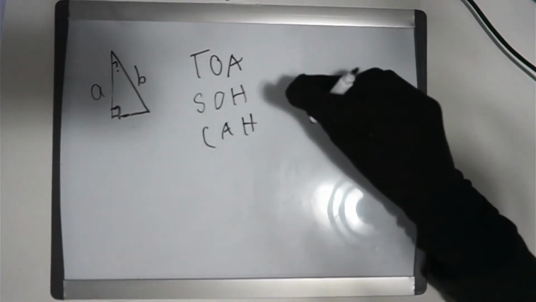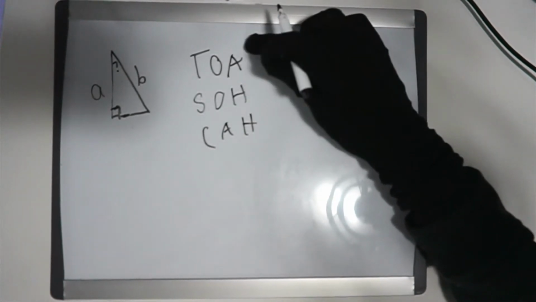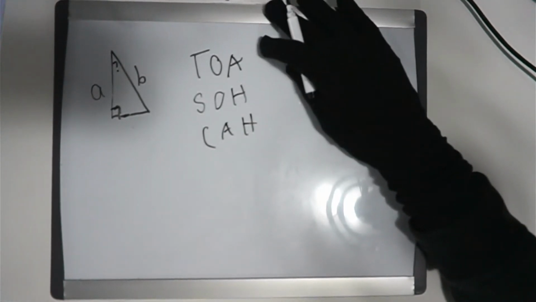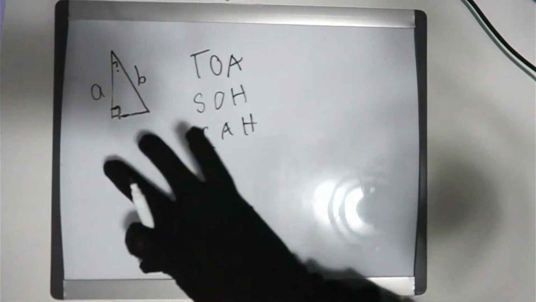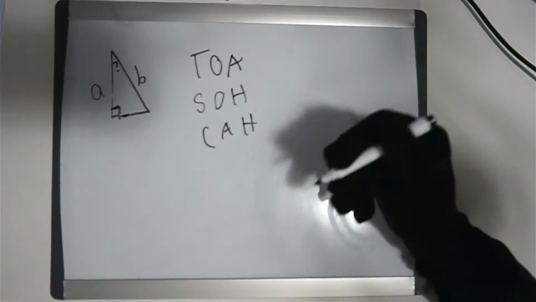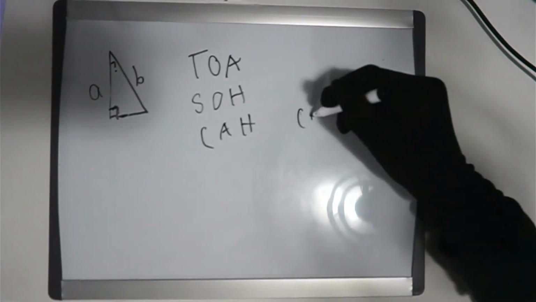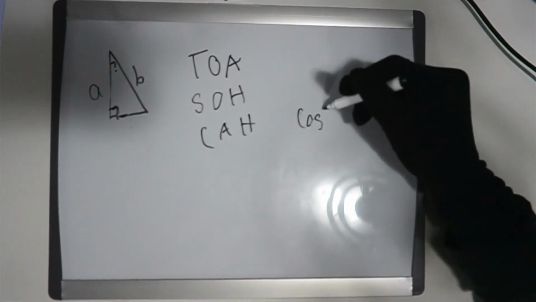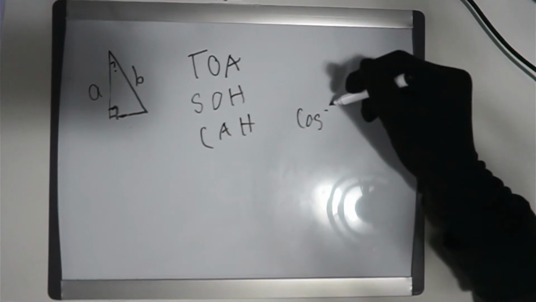And usually this is listed as SOH CAH TOA, because if you ever have to use one of these, say we had this exact example here. We have A and B, and we have to find the question mark. Then we have to use cosine, and then it would be cosine -1.